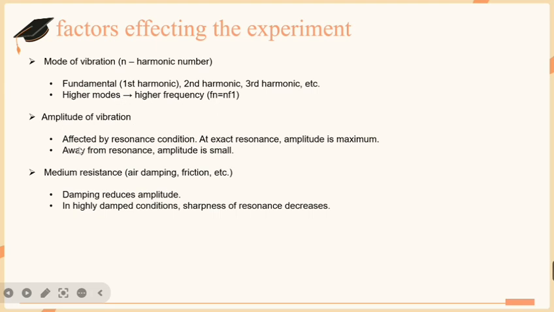Amplitude of vibration. Affected by the resonance condition: at exact resonance, amplitude is maximum. Away from resonance, amplitude is small. Medium of resistance. Damping reduces the amplitude. In highly damped conditions, the sharpness of resonance decreases.